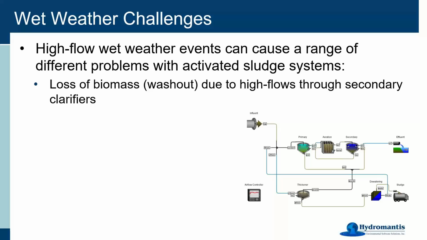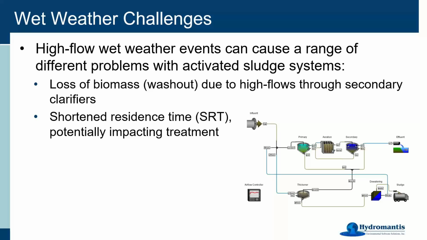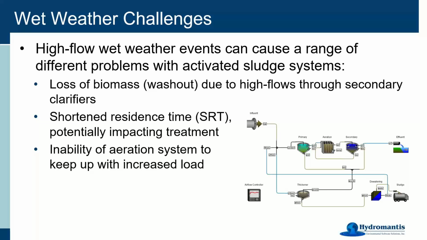If you have limited clarifier capacity, you may lose biomass in your effluent. That high flow moving through the plant also really shortens your residence time. So if you have a sustained period of high flow, you may have trouble keeping up the SRT that you need to do nitrification or BioP or whatever it is that you're doing at your plant.